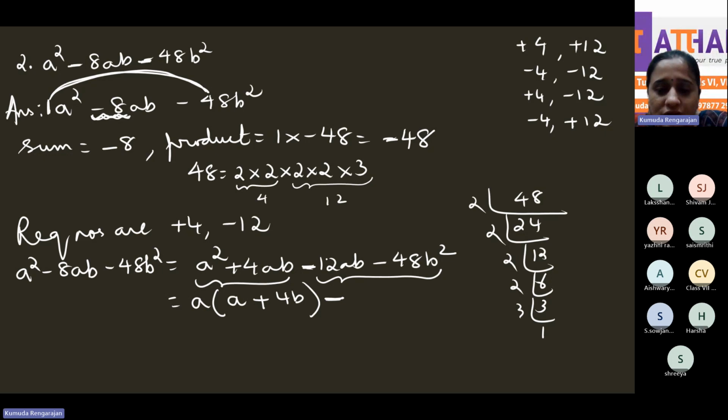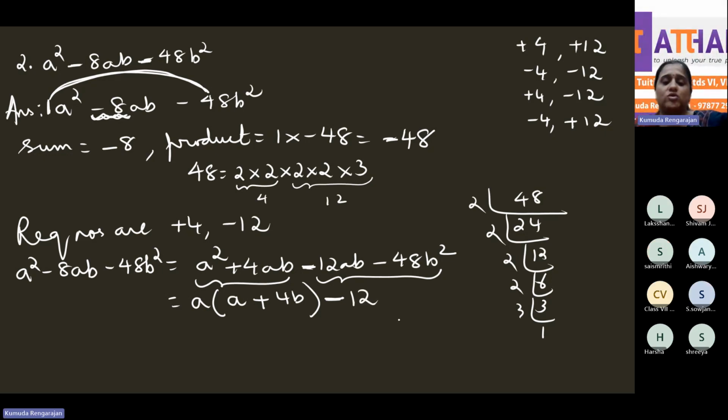Now, what's common between 12 and 48? 12. 12 fours are 48, so 12 is common. Now, ab and b square, b is common. Open the bracket. Now, -12b into what will give you -12ab? So it's a.